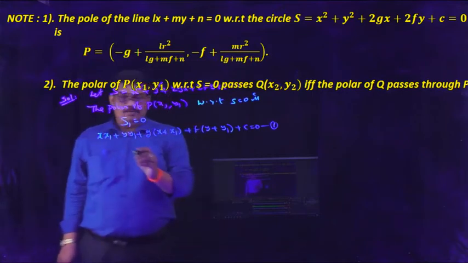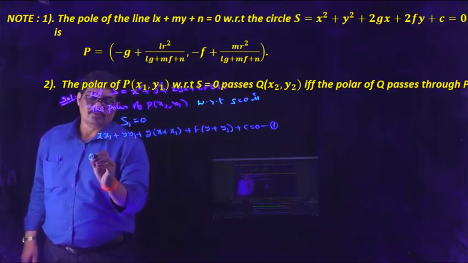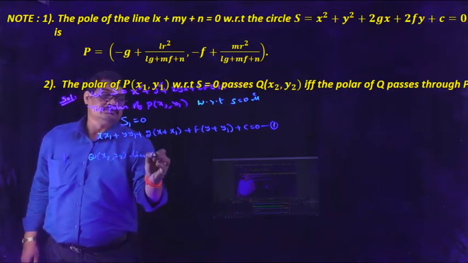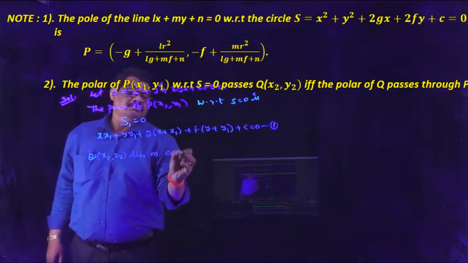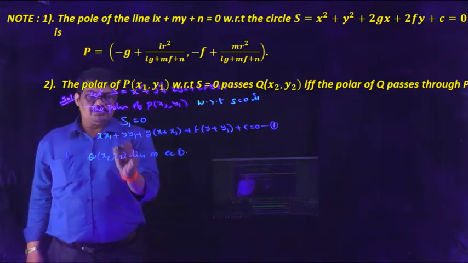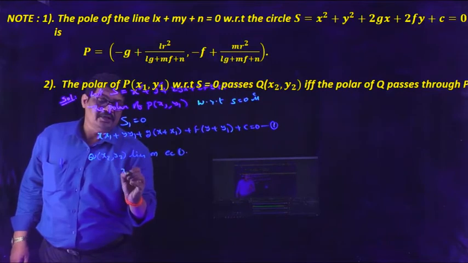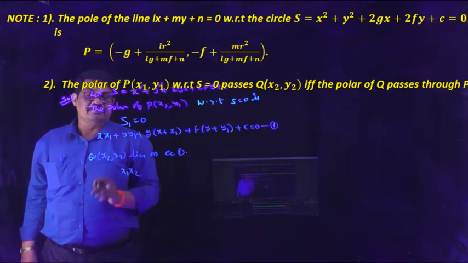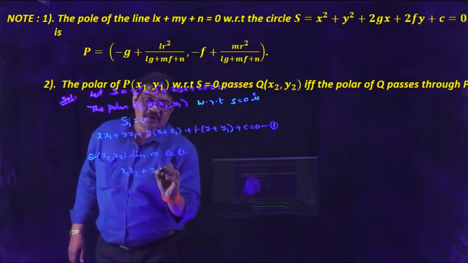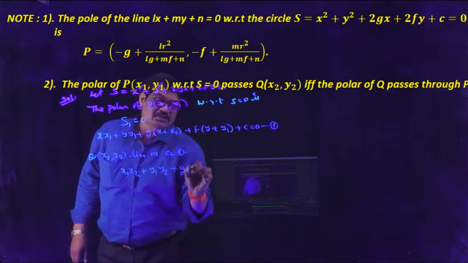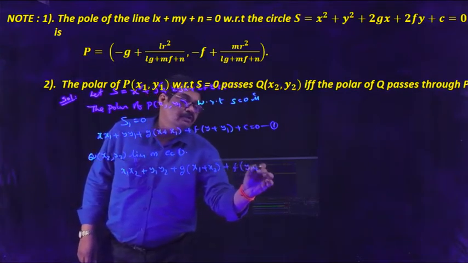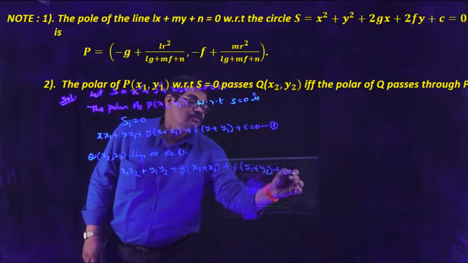Now the point Q(x2, y2) lies on this equation 1. I substitute Q(x2, y2) in this equation: in the place of x is x2, in the place of y is y2. We get x1x2 + y1y2 + g(x1 + x2) + f(y1 + y2) + c = 0.